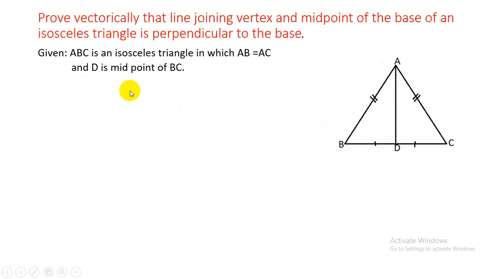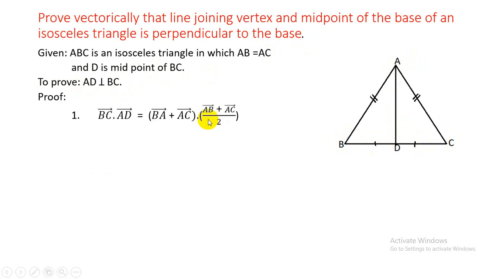At first, given: triangle ABC is an isosceles triangle in which AB is equal to AC, and D is midpoint of BC. To prove AD is perpendicular to BC. Now proof.